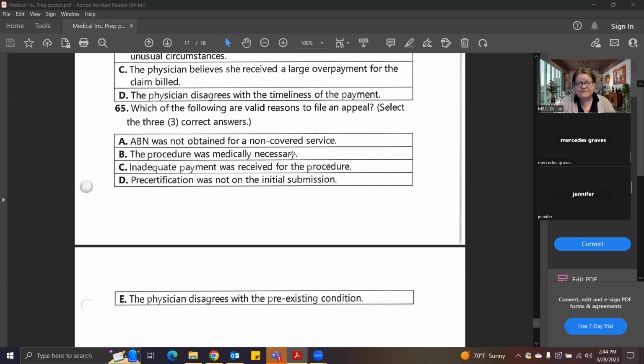So the procedure was medically necessary. That's a common denial reason for more expensive procedures. They'll automatically deny it first go round and say it's not medically necessary, and make you submit the notes and the physician's notes telling them that yes, it is medically necessary per the doctor. Okay. C, inadequate payment amount was received.